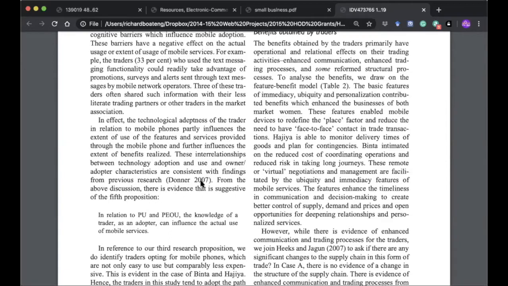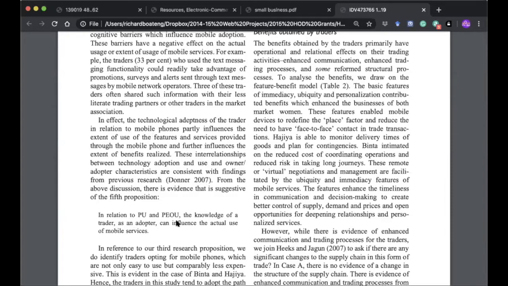The donor's work had proposed a particular type of relationship between technology adoption and the owner's characteristics: the more knowledge the person has, the better he can understand and appreciate the technology. The person went to the field and saw a similar relationship. So he's saying that what I saw in the field, I found to be consistent with what I've seen in the literature.